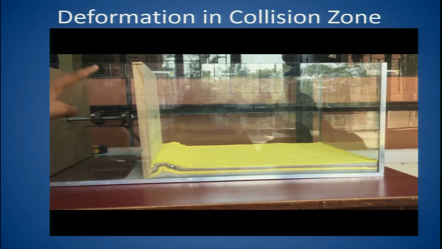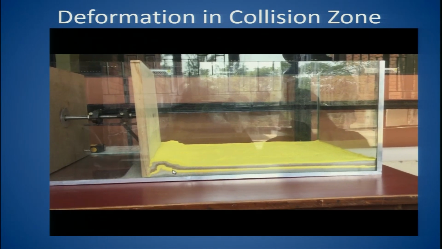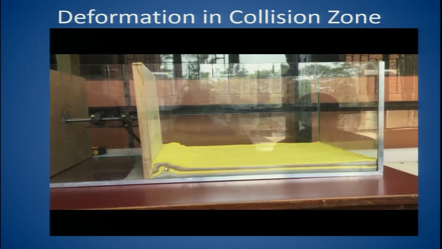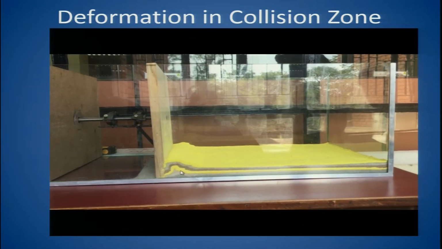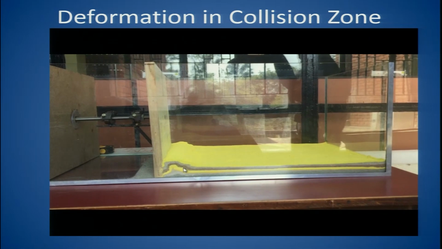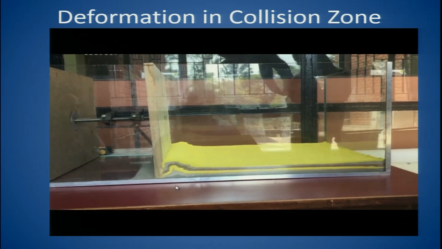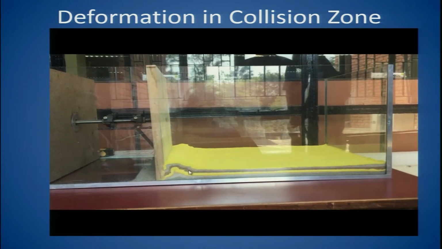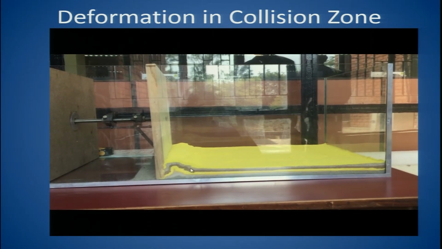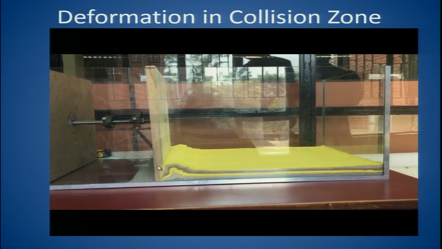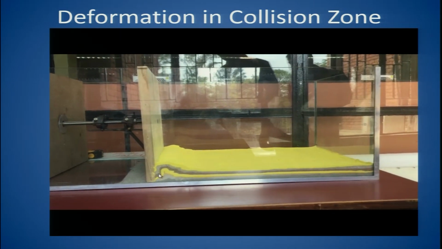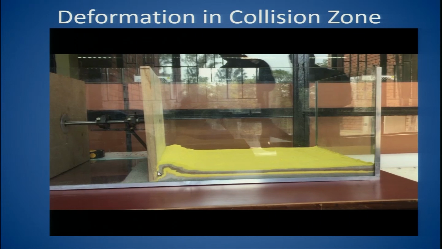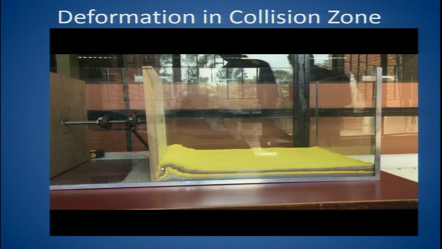Initially it keeps folding, and then we found beautiful folds and low angle faults which developed along with the folds. Now we see a slight displacement coming up here, and the contact between this wooden plank and the sand is becoming almost vertical.